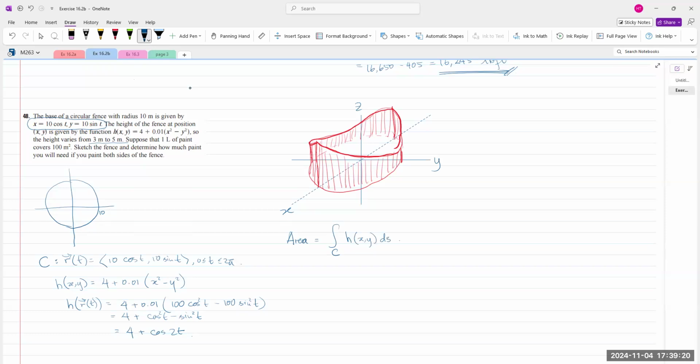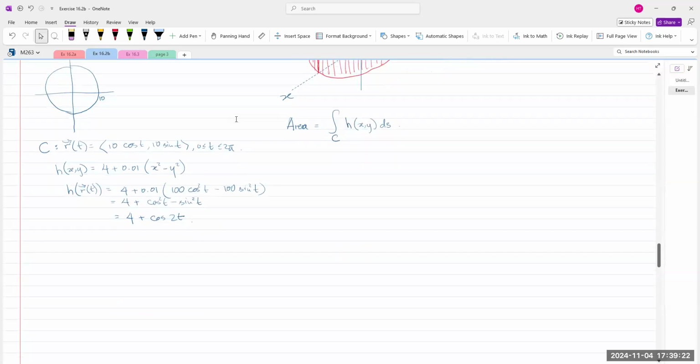That means I need to find r prime t and then the magnitude. r prime t is -10 sine t, 10 cosine t. The magnitude, I can factor the 10, and I found that it's 10. That's r prime t.